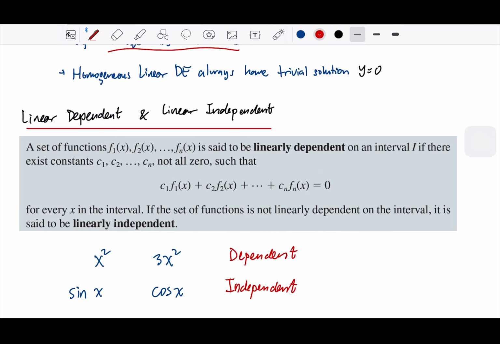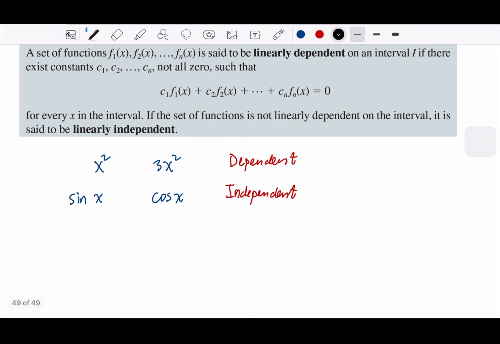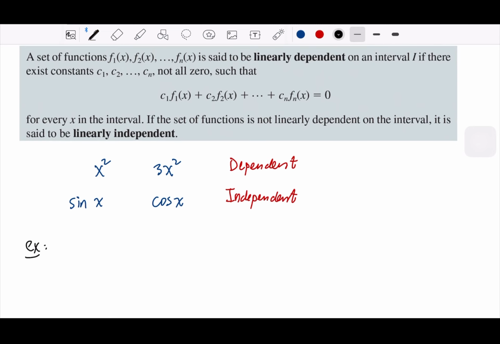Maybe let me give you an example for this dependency. Let function 1 be square root of x plus 5.